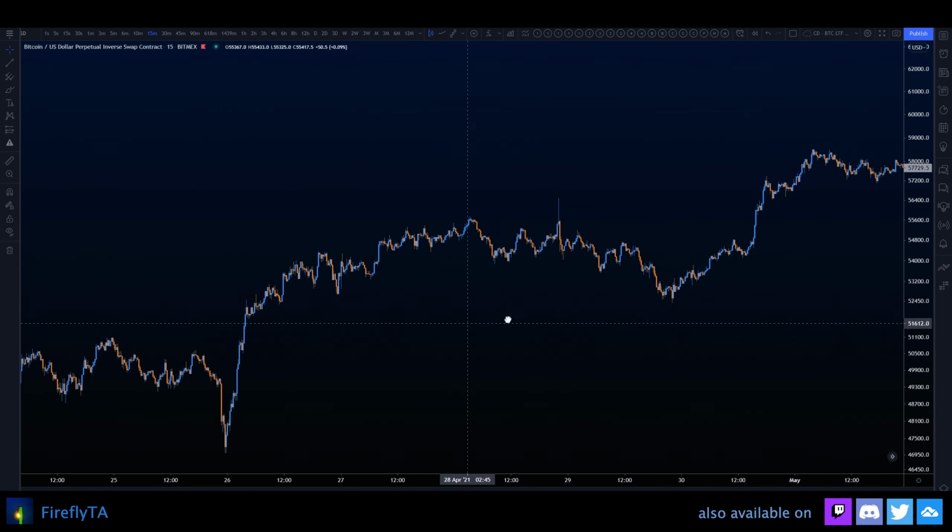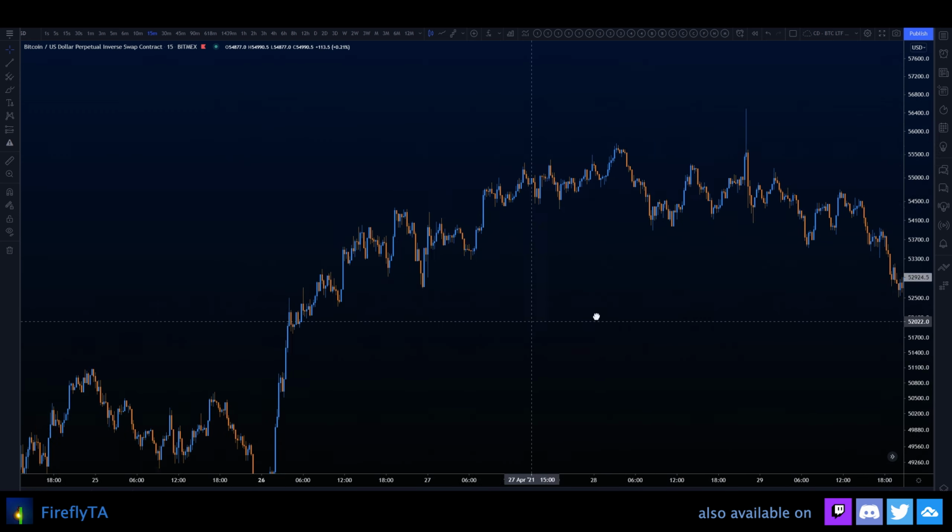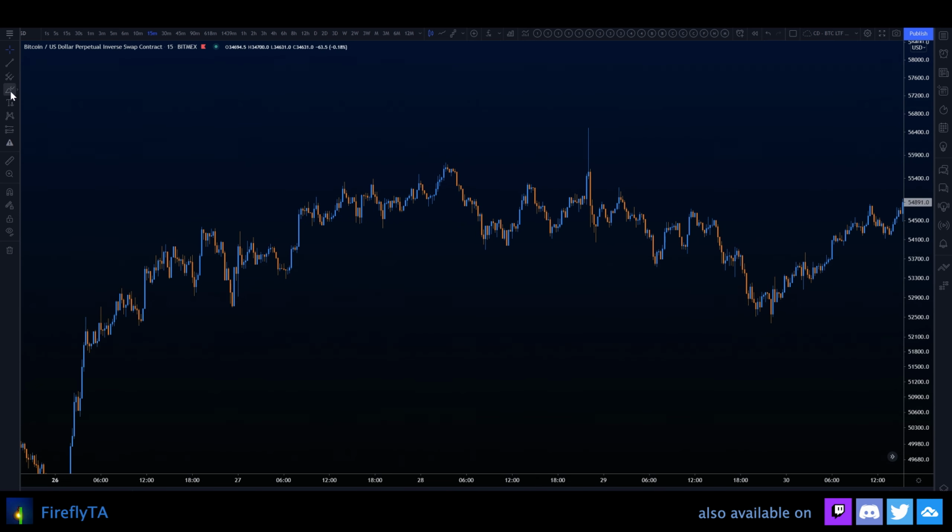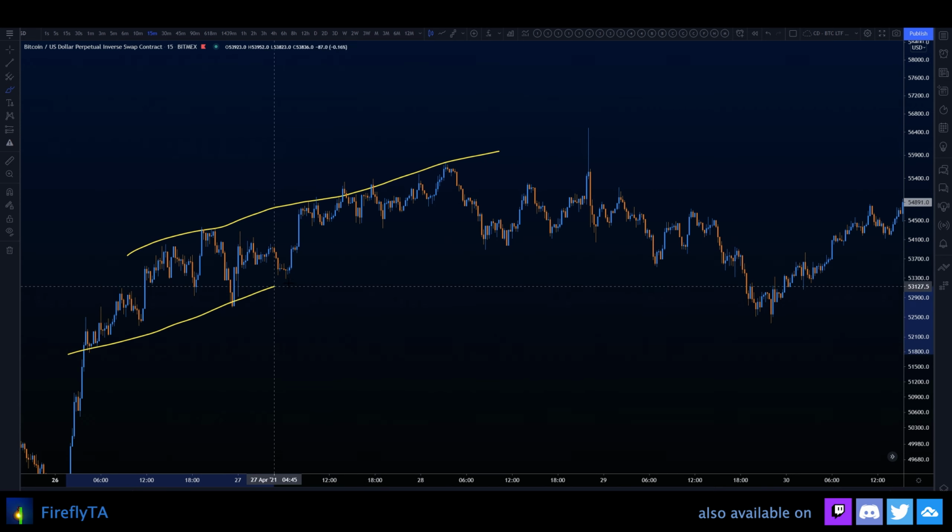So this kind of price action here on the lower time frames, you can see how aggressive price is shooting to either side. You often do have a clear trading range, but within that trading range, price action is extremely aggressive.